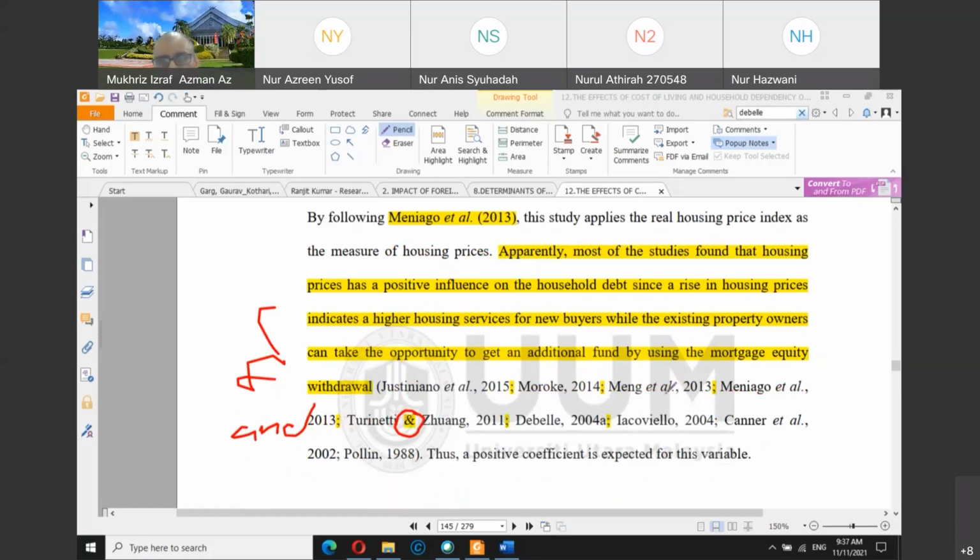So here I think it's quite a nice example. You have et al. as one reference, you have two authors, and you also have one author here.